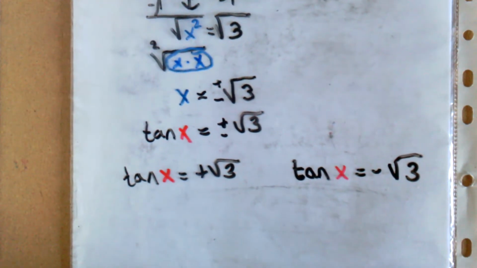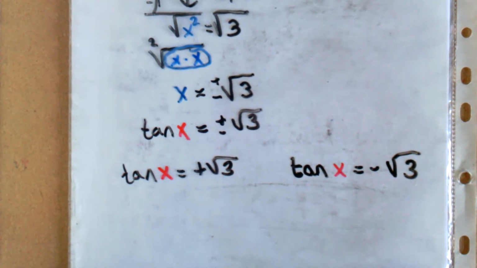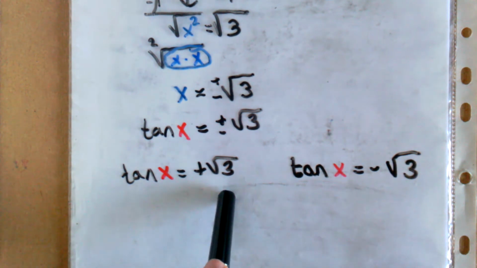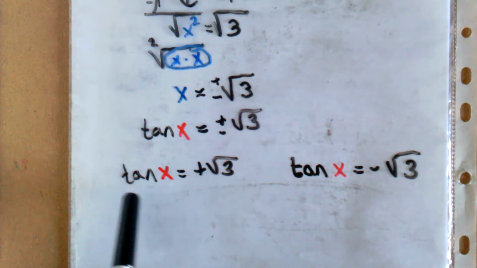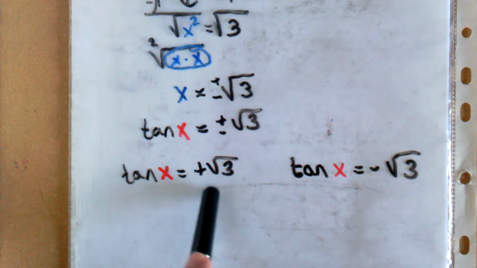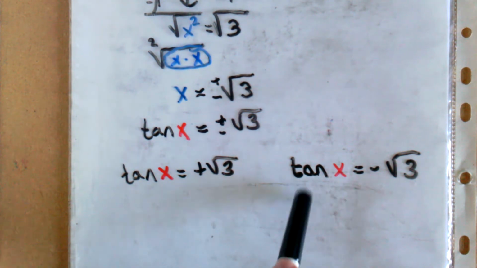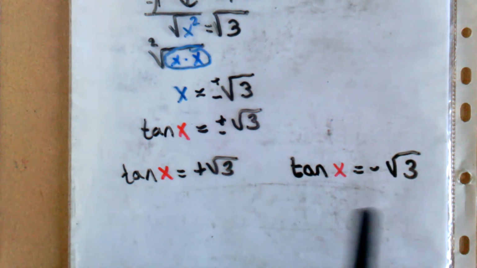And we know how to solve these kind of problems, because now we just have a trig function equal to a value. That's what we were trying to get. So now it's just asking us at what angle is tangent equal to positive square root of 3? And at what angle is tangent equal to negative square root of 3?